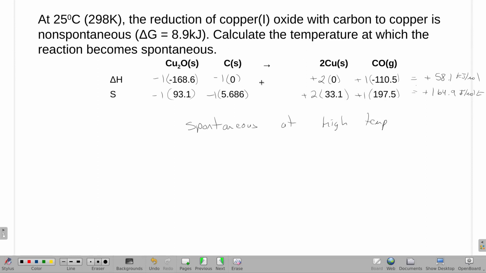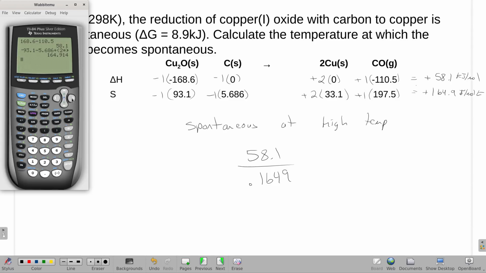So let's find out what temperature is our high temperature. To do that, I'm going to take the delta H and divide it by the delta S. 58 divided by 0.1649.